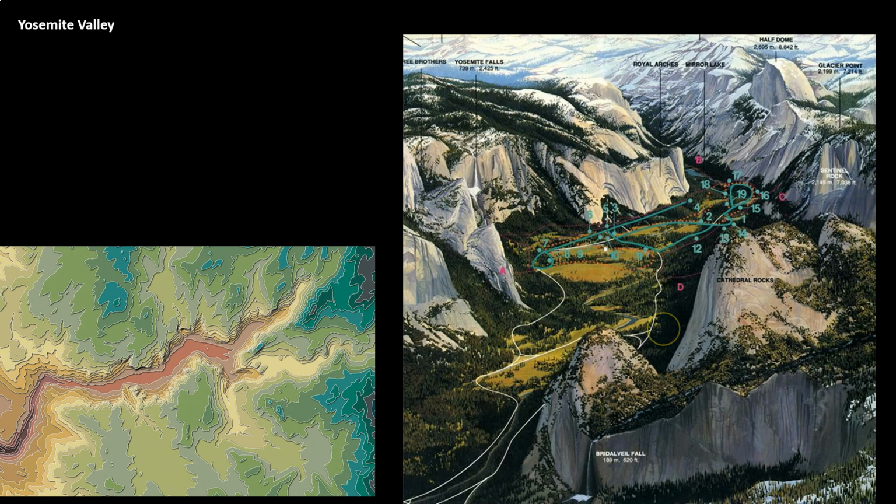Yosemite Valley, right in our backyard, is another great example of a topographical map. Notice that the valley is very low elevation, and all along the edges we have these steep cliffs. We can see the steep cliffs in our topographical map as multiple contours right next to each other.